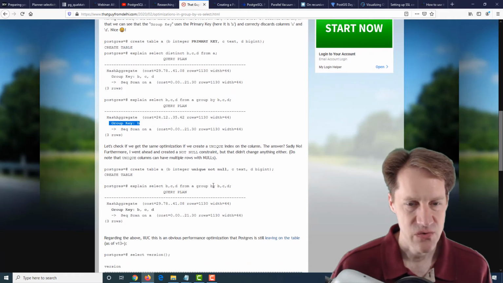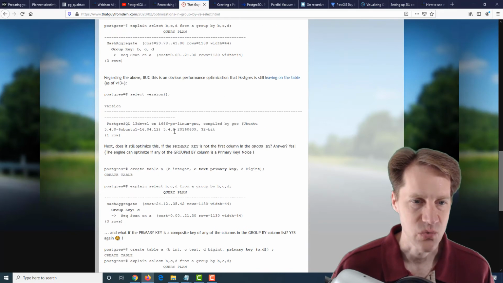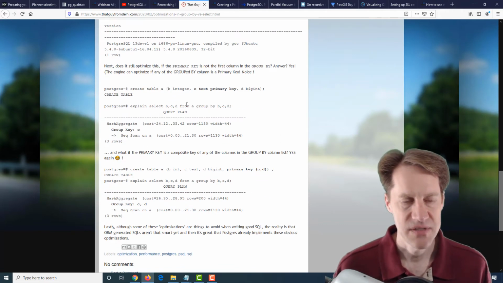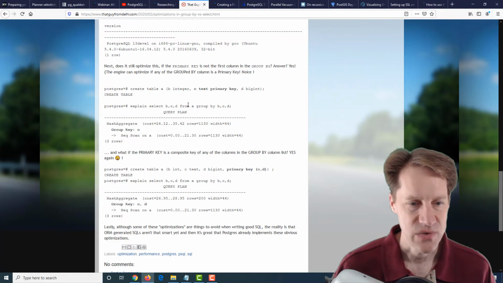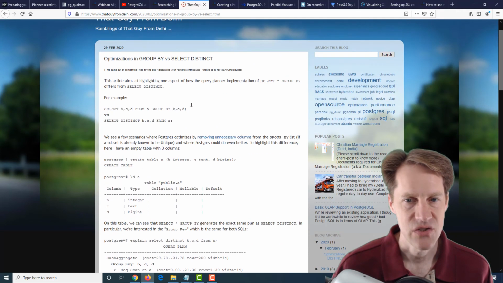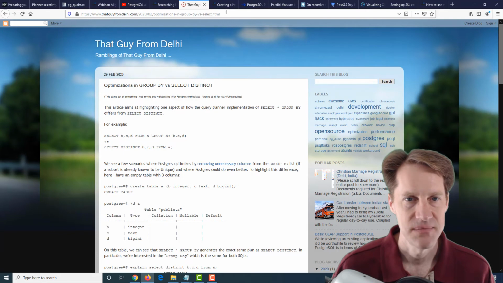But he also made an interesting observation that a unique index wouldn't do it, but a non-unique one would. And he looked over different variations of choosing different columns, different keys to see what the differences were. So it's an interesting blog post to cover if you're interested in learning about specific optimizations you could be using with a group by or select distinct.